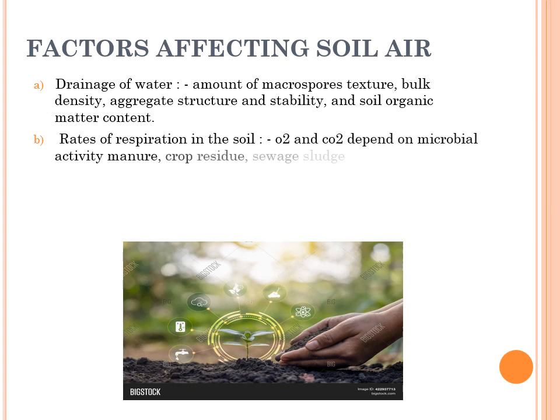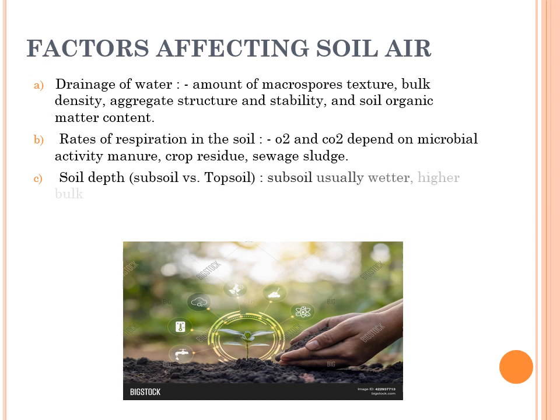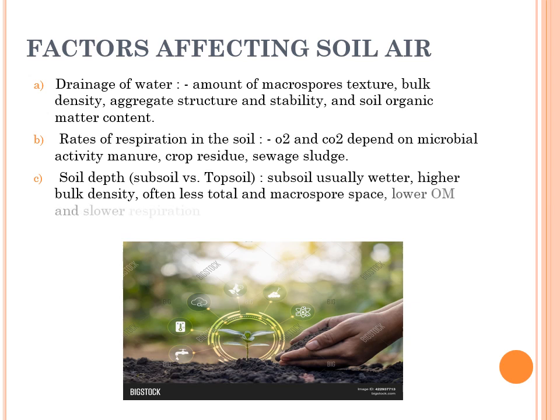Oxygen and carbon dioxide depend on the microbial activity, manure, crop residue, and sewage sludge. Then there is soil depth, which includes subsoil versus topsoil. Subsoil is usually wetter, with higher bulk density, often less total and micropore space, lower organic matter, and slower respiration.